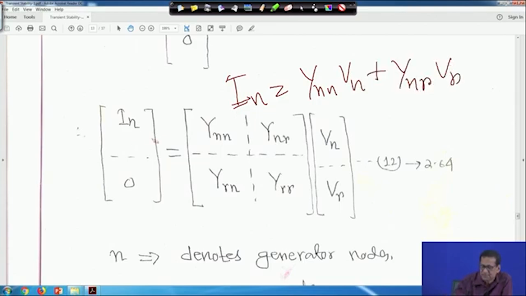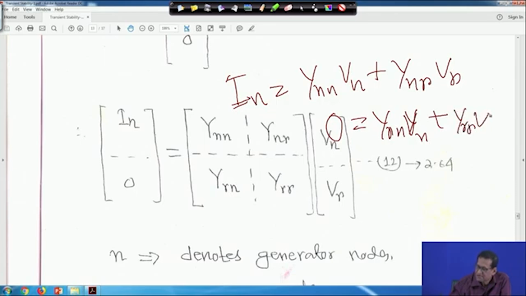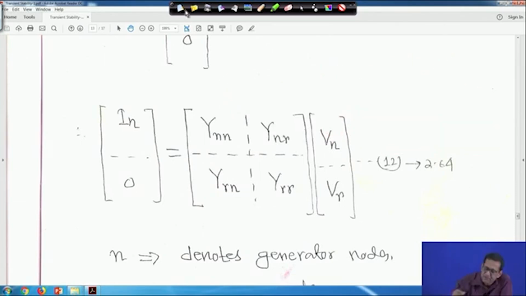This is one equation. Another equation is 0 is equal to Y r n V n plus Y r r V r.